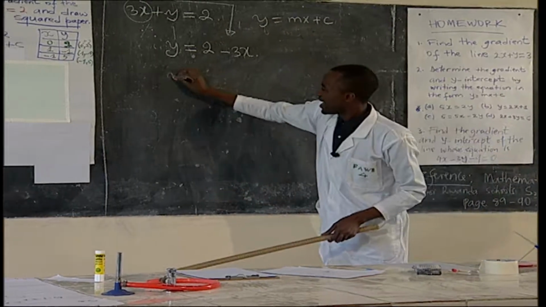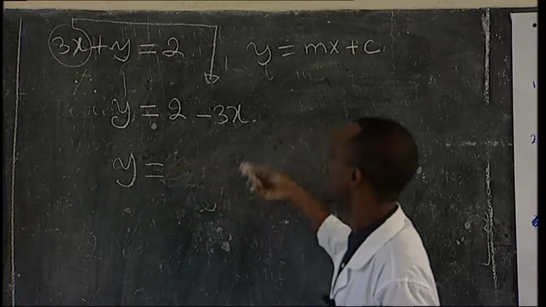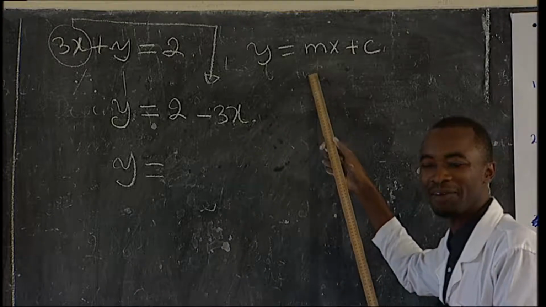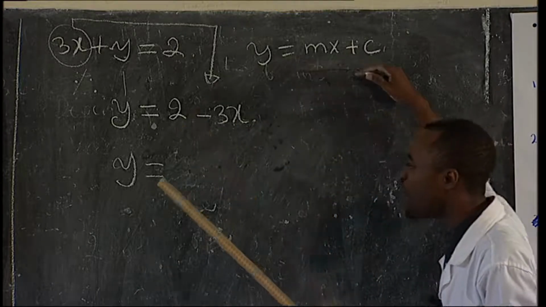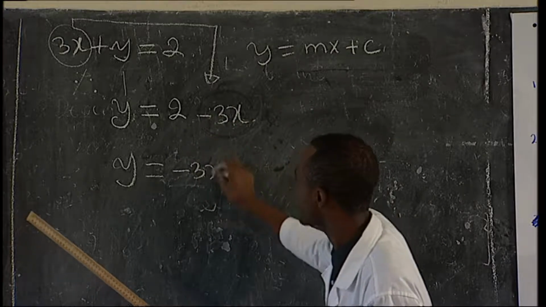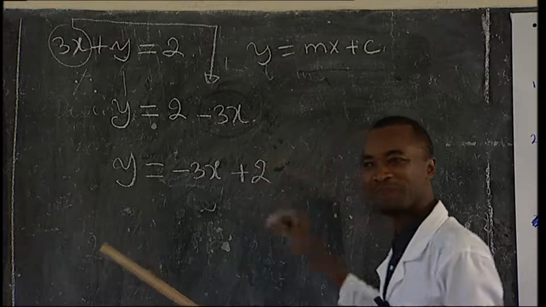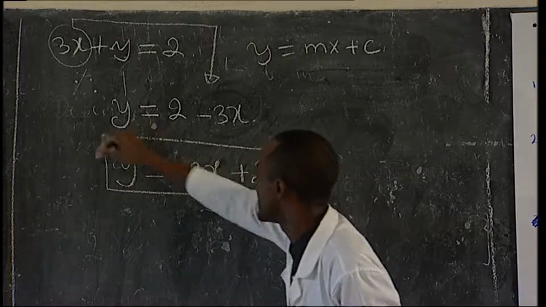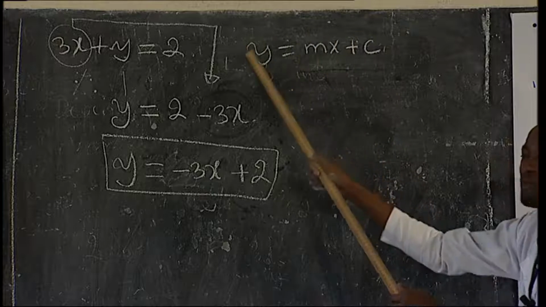Now, I have y equal to 2 minus 3x. As I have been saying, it's not at this level. Now I have to put it in this form. This one, you see, I bring it over here, negative 3x and plus 2. From here, I have an equation in the form of this one.